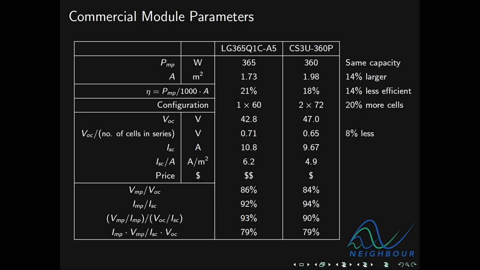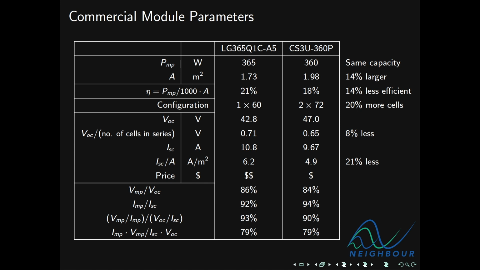And if we divide the open circuit voltage of each module by the number of cells that it has in series, we get an indication of the voltage performance of those cells in each module. If we divide the short circuit current capacity of each module by its surface area, we get an indication of its current performance, and that is again because current is an extrinsic value.